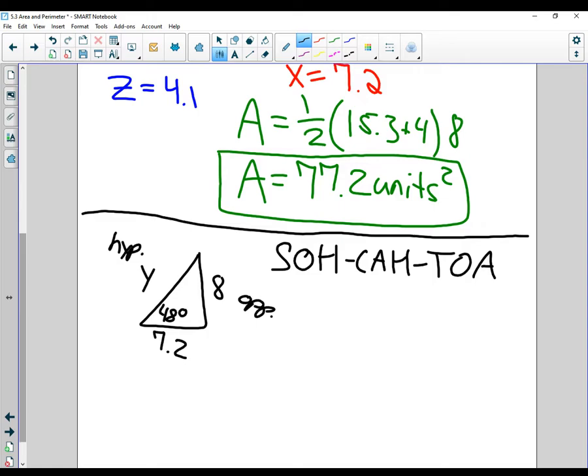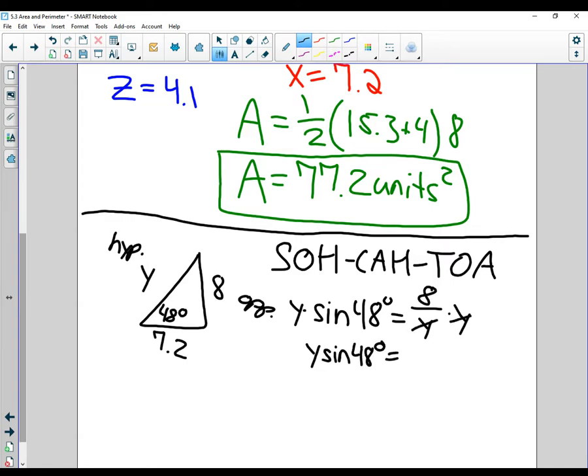Sine. So that means that the sine of 48 degrees, the angle, equals opposite, which is 8, over hypotenuse, which is y. Multiply the y over. And then again, sine of 48 is just a number, so divide by sine of 48 degrees.